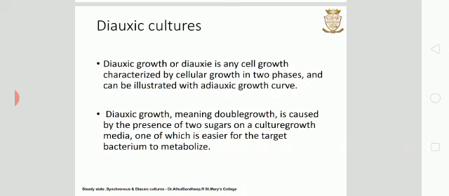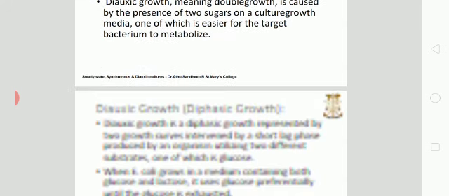Diauxic growth means double growth, caused by the presence of two sugars in the culture growth medium, one of which is easier for the target bacterium to metabolize.